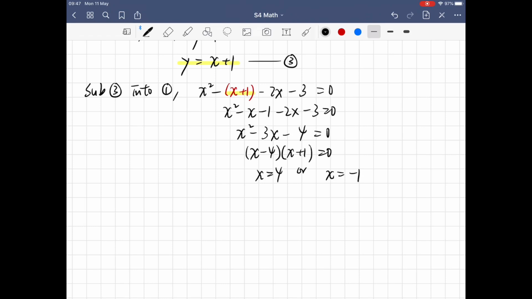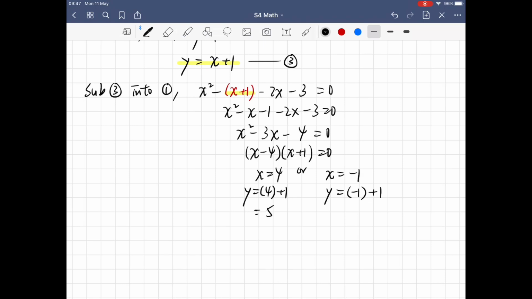Okay, again, we have finished finding the value of x. Then we have to find the values of y according to the result of the value of x. Okay, so y equals to 4 plus 1, or y equals to negative 1 plus 1.